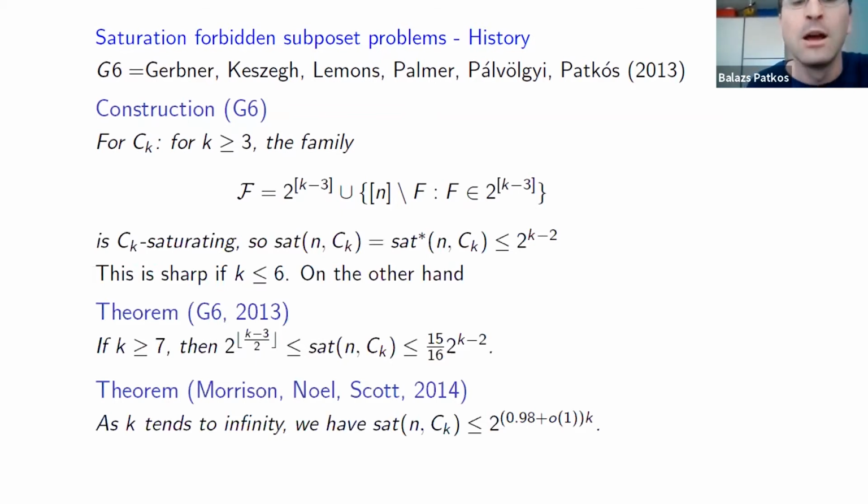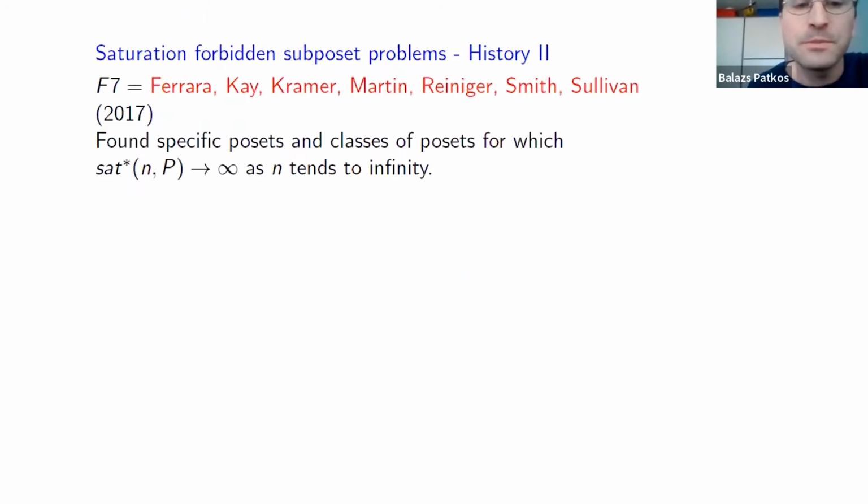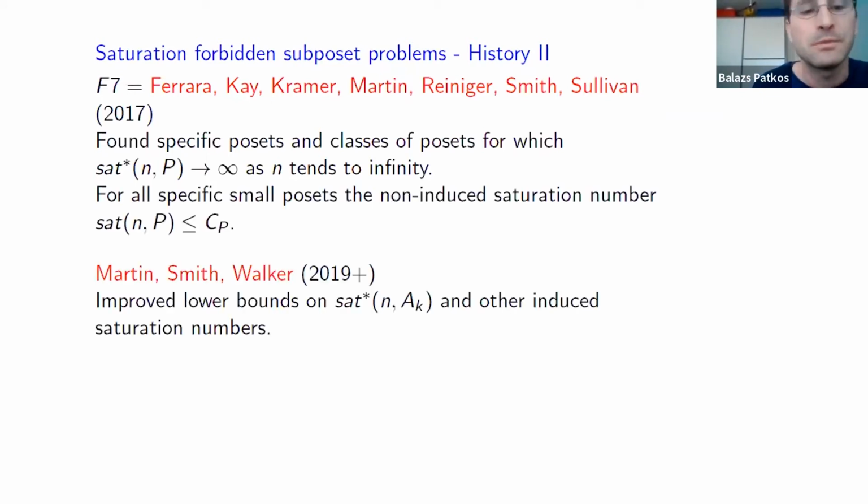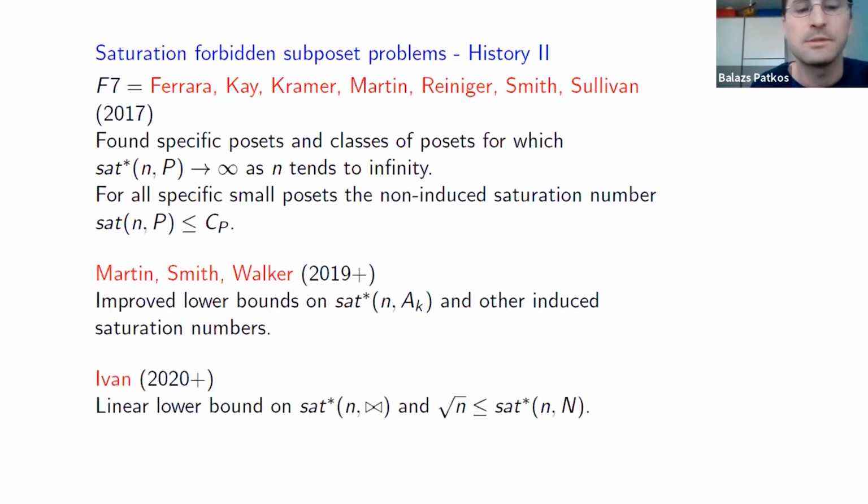Okay. What else was known before? Well, there are just 3 more papers before ours. There is a paper with many authors: Ferrara, Kay, Kramer, Martin, Reiniger, Smith, and Sullivan. Then Martin, Smith, and Walker, and very recently Ivan, just a couple of days before our manuscript went on arXiv, and they all considered the induced version.